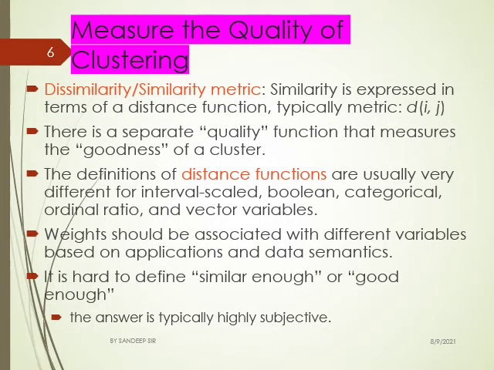So how much weight are we going to give to a? Maybe 80%, maybe 10% to b, maybe the remaining 10% to c. So again, it depends upon the application part. It is hard to define similar enough or good enough, because many times we see that the weights we have assigned in one application might be entirely different when implemented in another scenario.